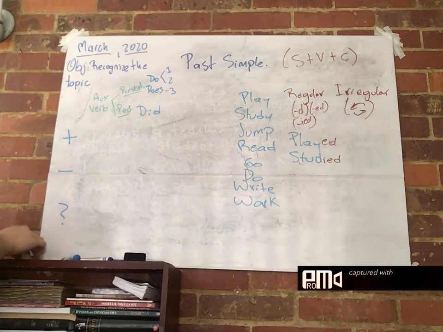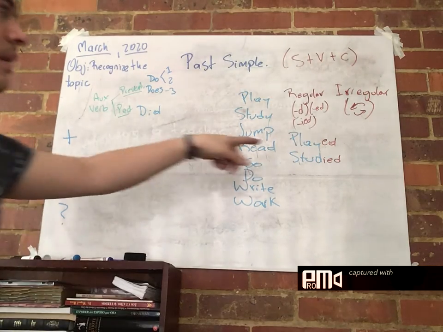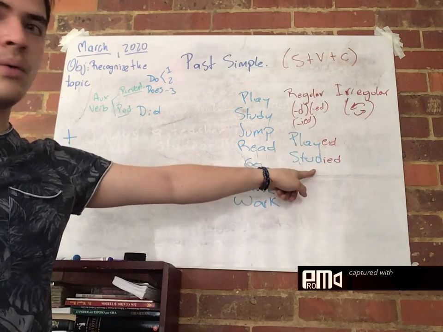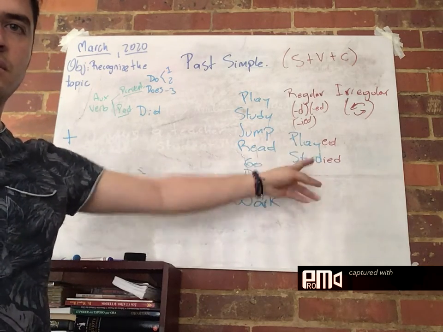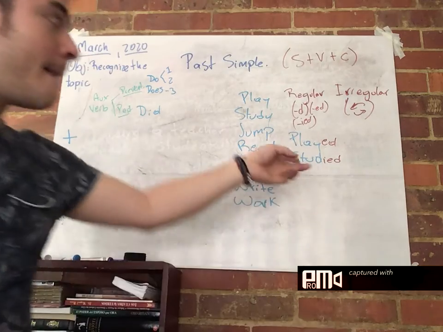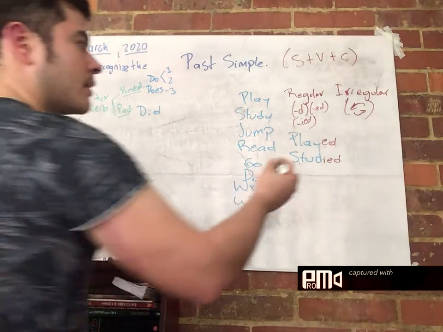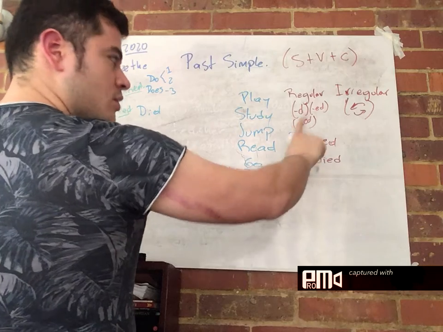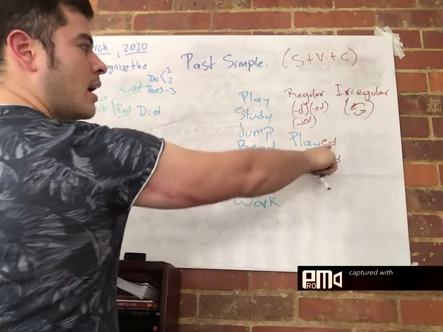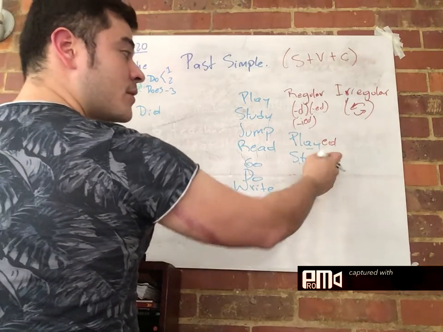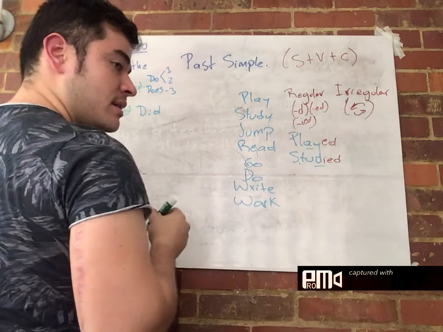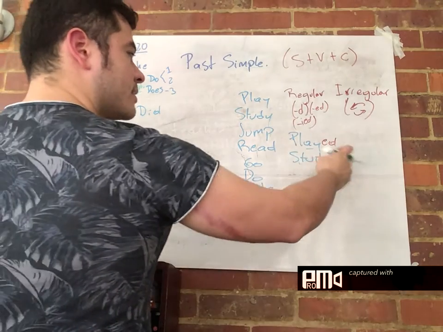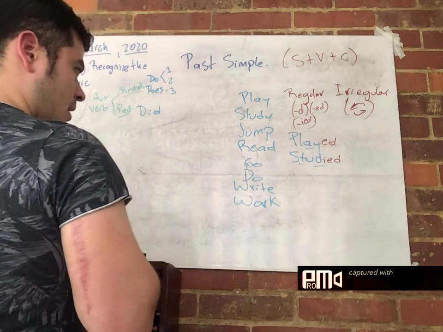The question is, teacher, why in one do I erase the Y and in the other not? Look at this. If before the Y there is a vowel, we don't omit the Y and we write ed. If before the Y there is a consonant, we omit the Y and we write ied.